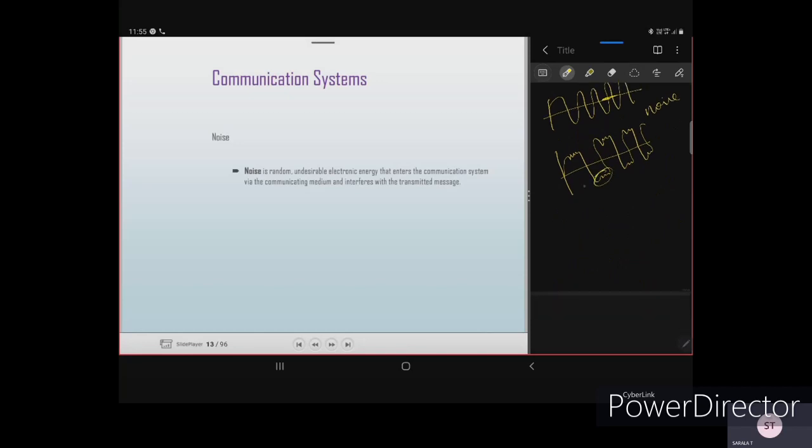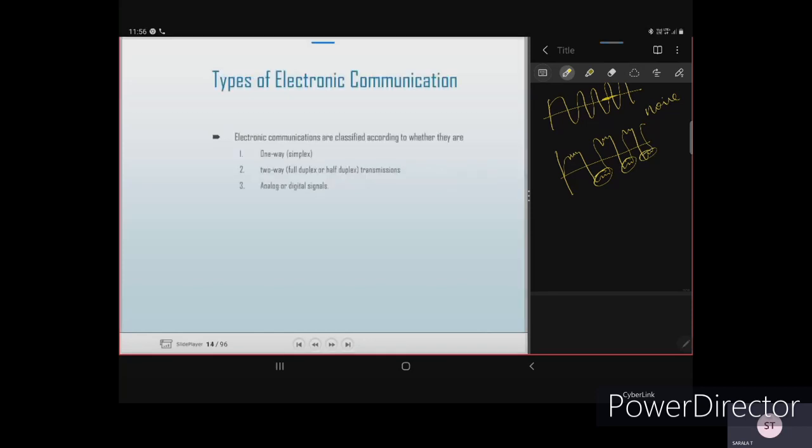This noise affects the actual data we are transmitting. That's why at the destination we always have to take care of how to remove this noise.